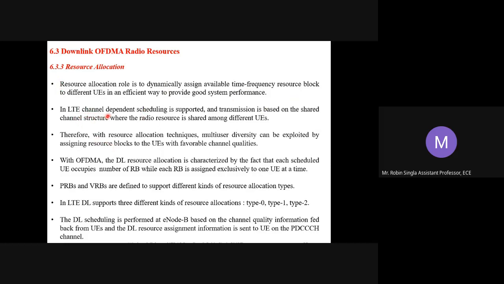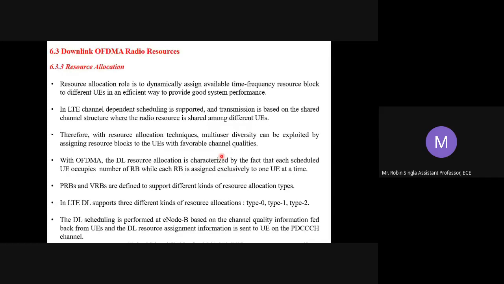In LTE, channel dependent scheduling is supported and transmission is based on the shared channel structure, where the same common radio resource is shared among different user equipments. Therefore, with the resource allocation technique, multi-user diversity can be exploited by assigning resource blocks to UEs with favorable channel qualities. What does this mean?